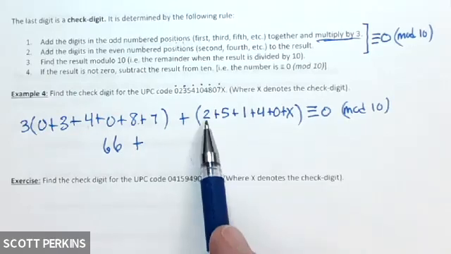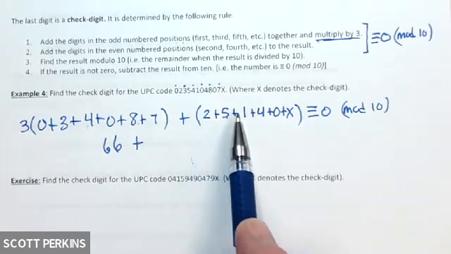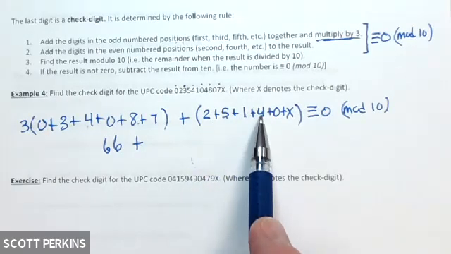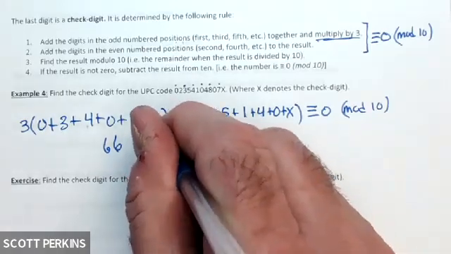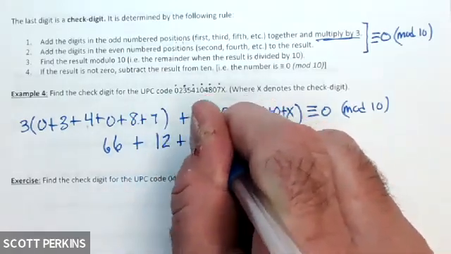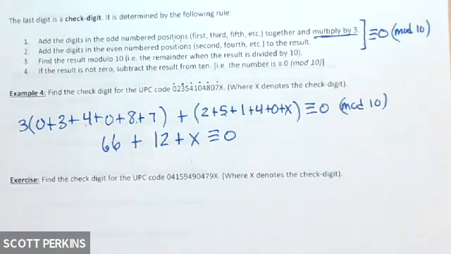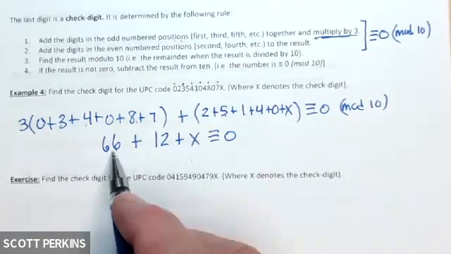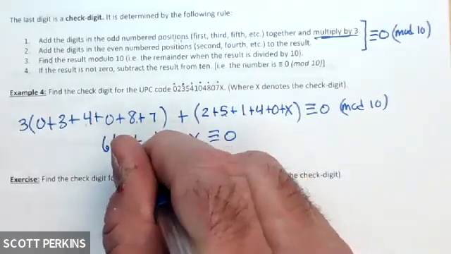In the other parentheses, 2 plus 5 is 7, plus 1 is 8, plus 4 is 12, plus x. 66 plus 12 is 78.